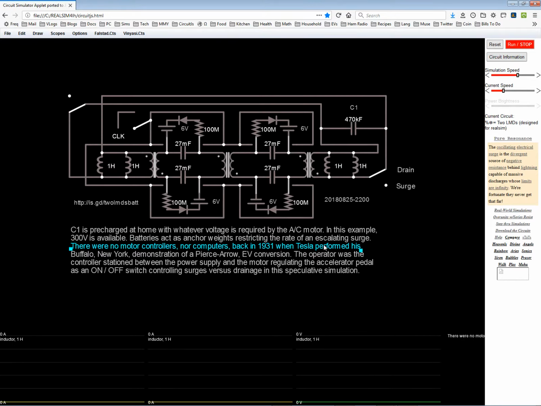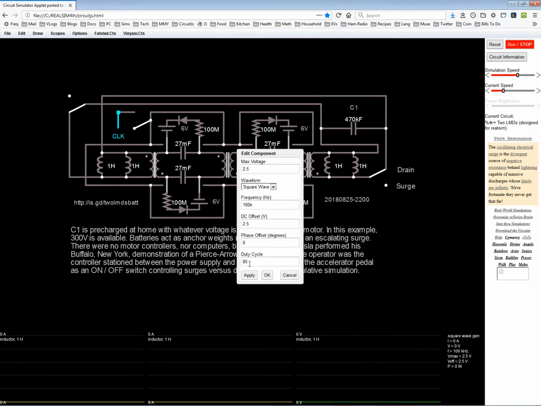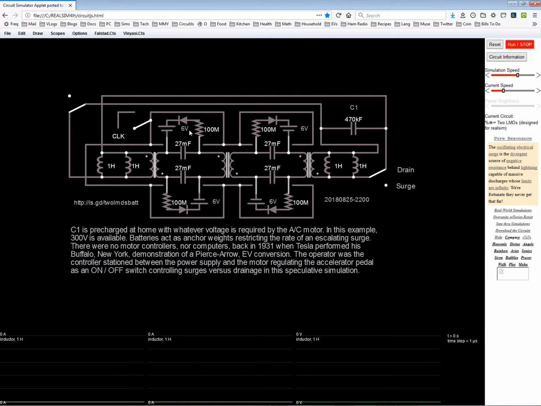Until I came upon the idea, hey, why don't I borrow the idea from the House of Mirrors, in which I use a battery to regulate a surge, and I use a clock timer to turn the connection of the battery in parallel with the capacitor on and off, based on a duty cycle, in this case 85% duty cycle. So what does that mean?